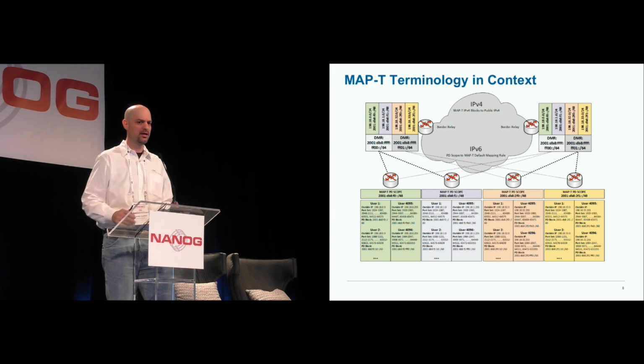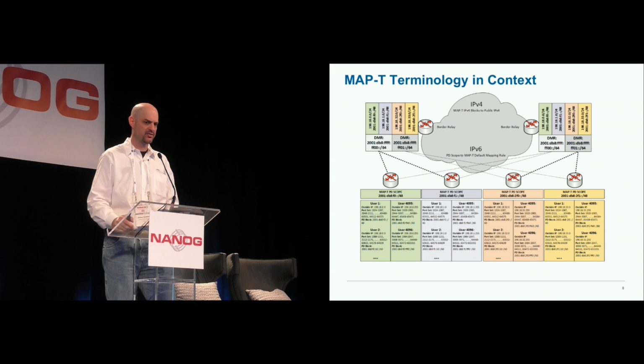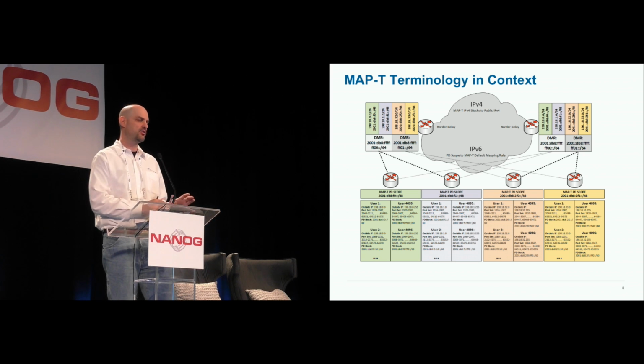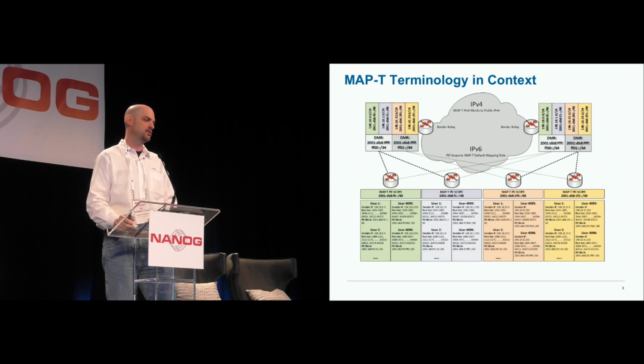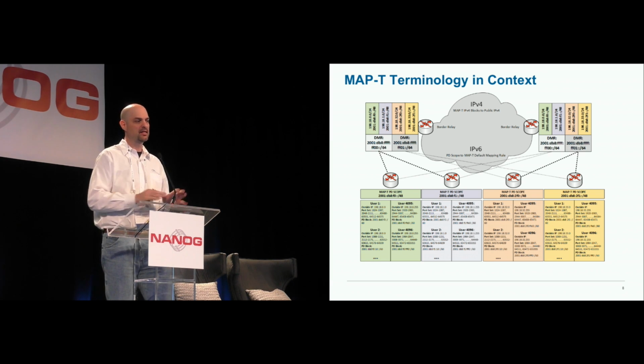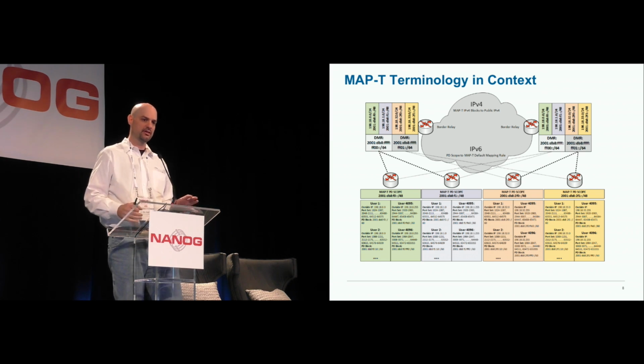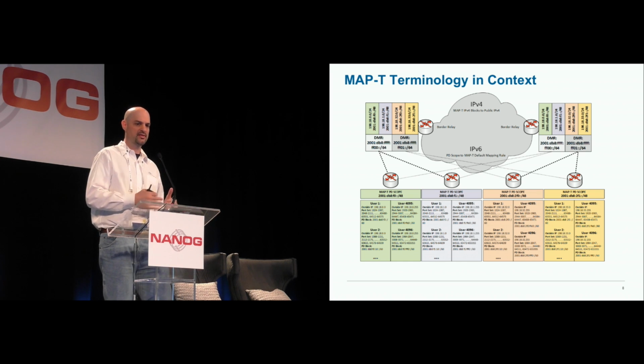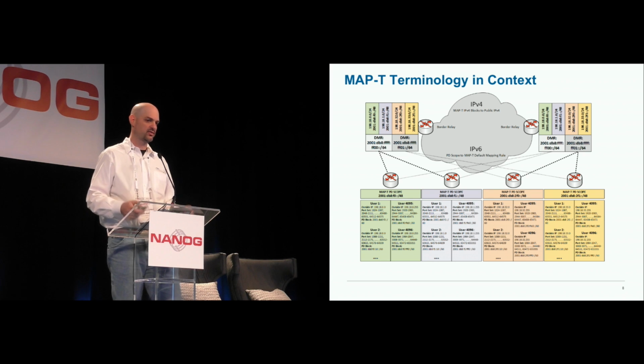If you look at the way that we've color-coded this diagram, you can see how the individual CPEs relate to the domains, the default mapping rules, and the mapping rules themselves. It's going to be a little easier for you if you're interested to look at this offline, and you'll also be able to see the exact posture for each one of these CPEs, which includes the port sets that each subscriber gets and the public IP address.